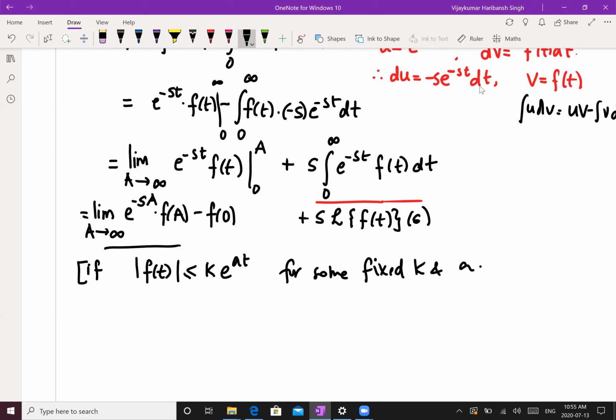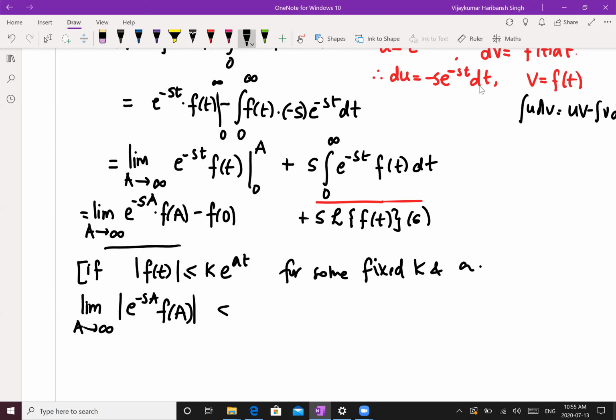So I want to work on this limit separately here. So limit as a goes to infinity of e to the power minus sa f of a. Since this is positive, greater than 0, why don't we compute the limit of the absolute value and show that it's 0?